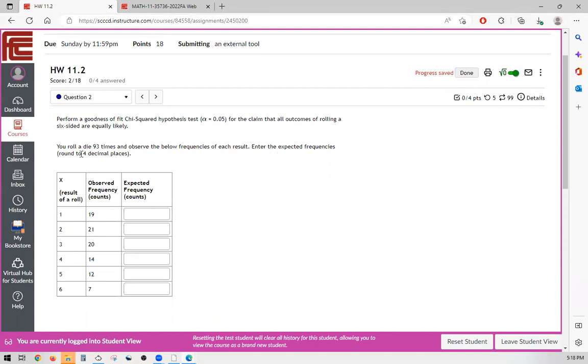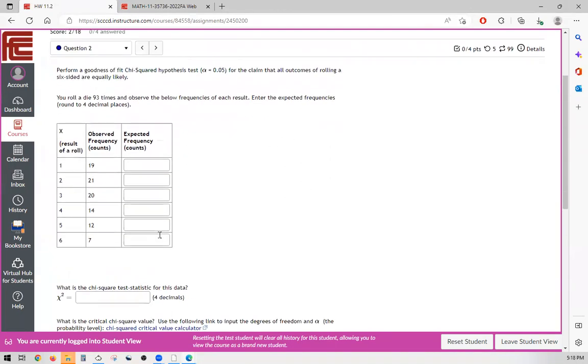Enter the expected frequencies here. These were the observed frequencies. So for example, we rolled a 1 19 times, right? This is the observed. And what do we expect?